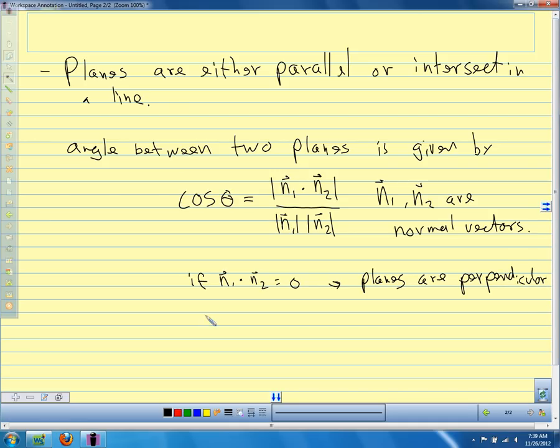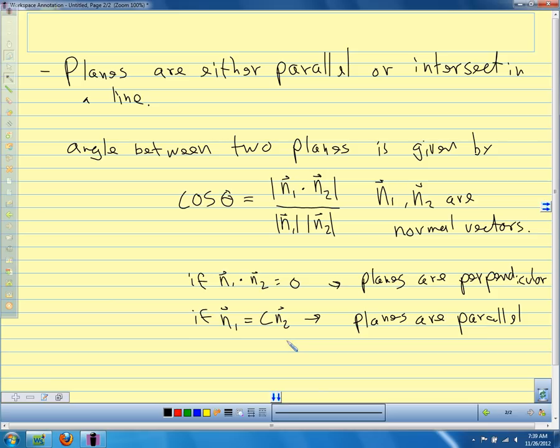And if one normal vector is a scalar multiple of the other, n1 equals c times n2, the planes are parallel. And here c is a scalar.